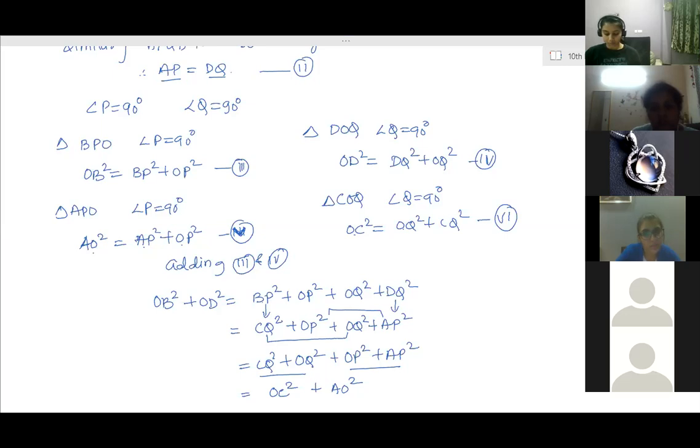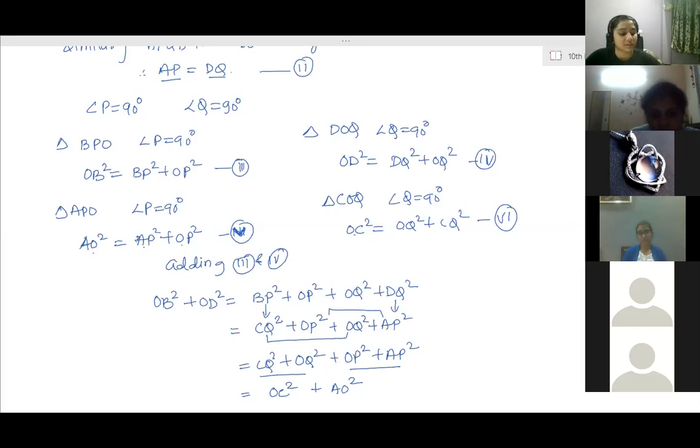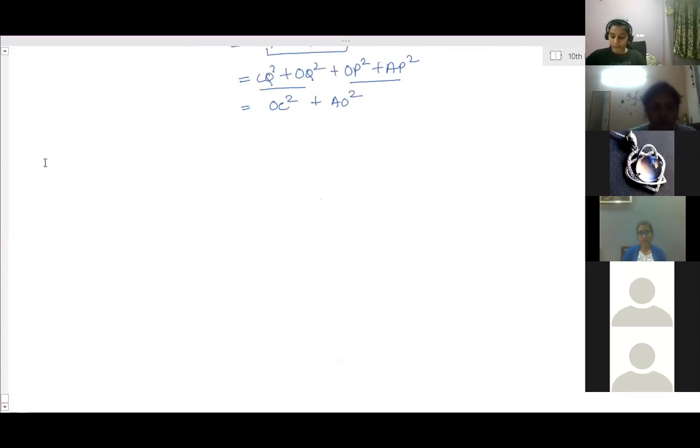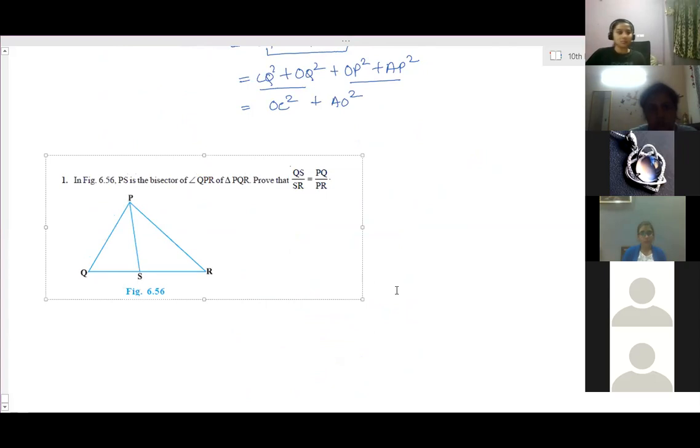Then now exercise 6.6. So the first one, this is the angle bisector theorem.